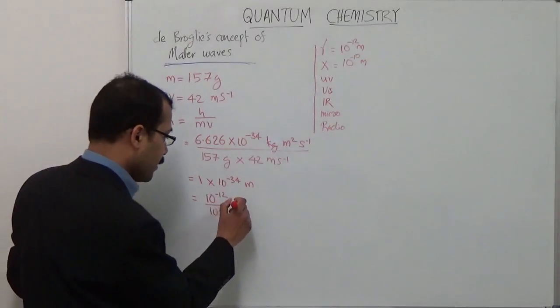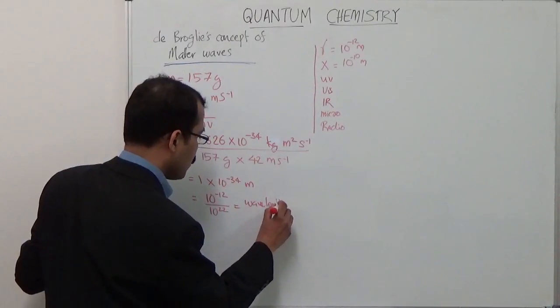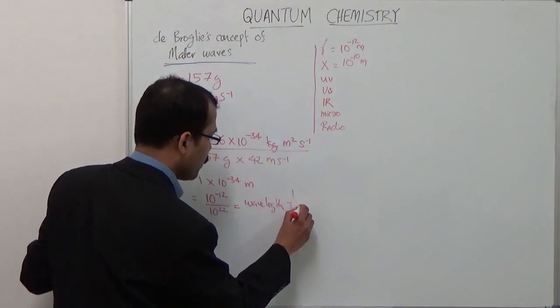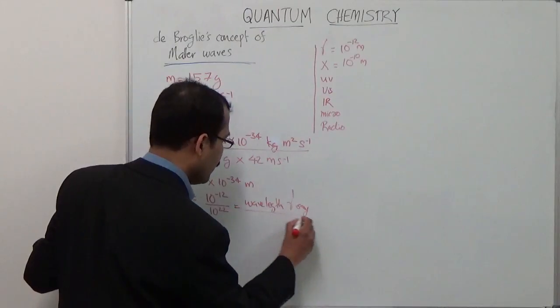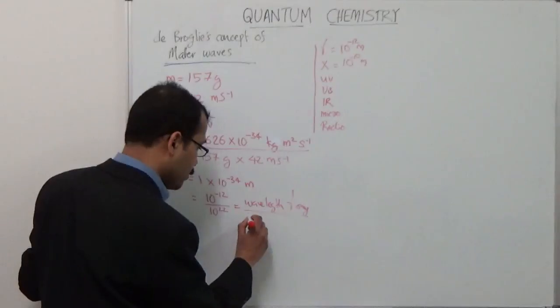So we can write the wavelength of gamma ray divided by 10 to the power 22. It's a big number, 1 followed by 22 zeros.